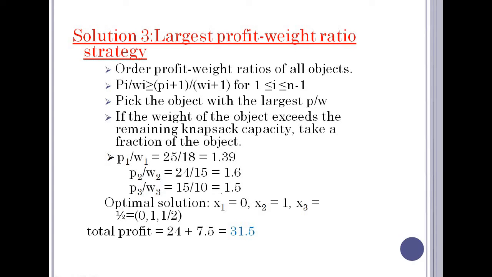Now the third greedy approach we will apply to this knapsack problem is the largest profit weight ratio strategy. Here we will always arrange the atoms by the ratio of profit to weight in descending order. The element with the greater ratio value is always arranged first.